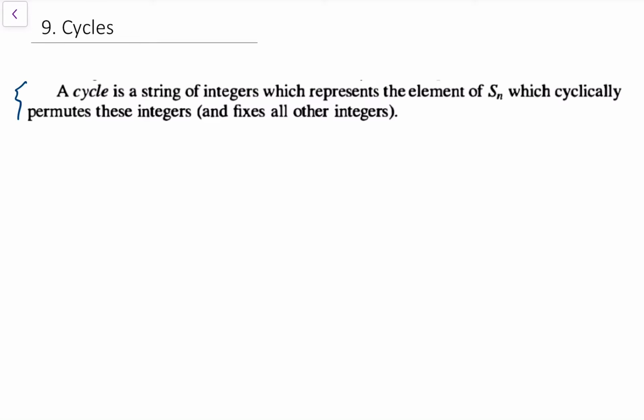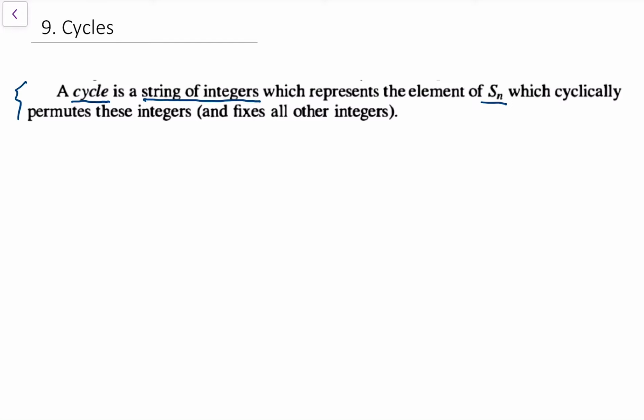It says that a cycle is a string of integers which represents an element of Sn. Sn is the symmetric group of order n, as we defined in the previous episode. So it means a cycle is an element of the symmetric group.